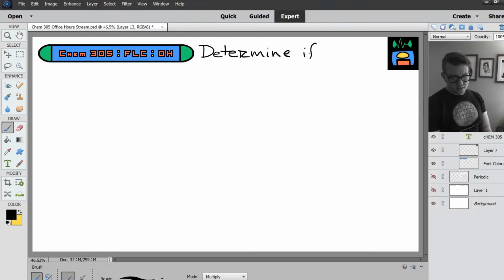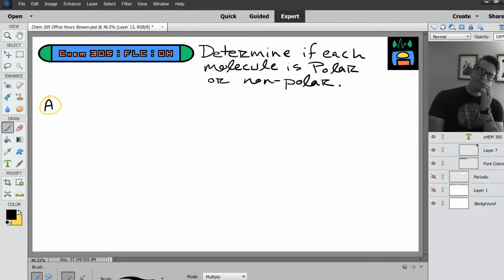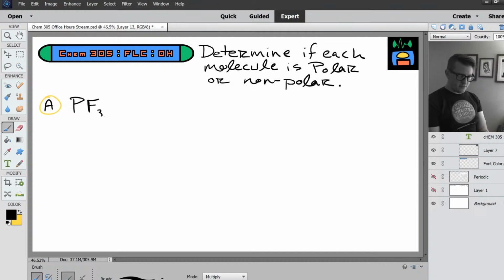So determine if each molecule is polar or nonpolar. All right, and so for compound A, let's do PF3.